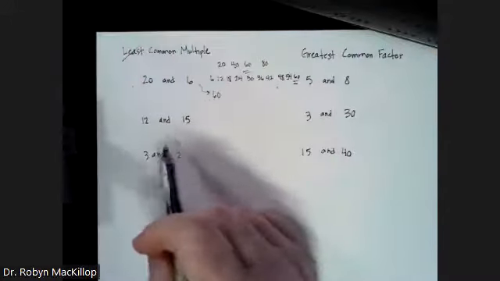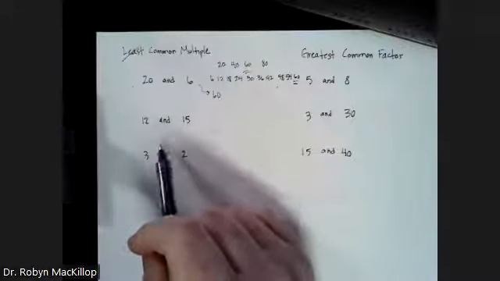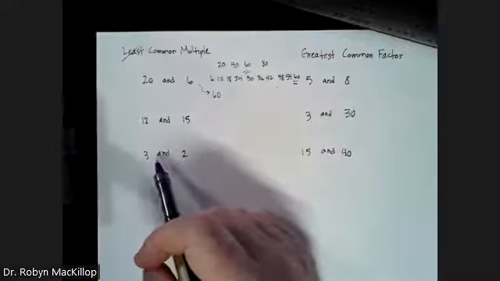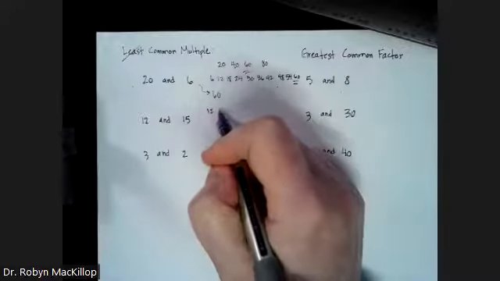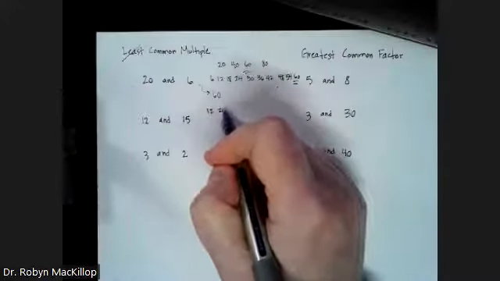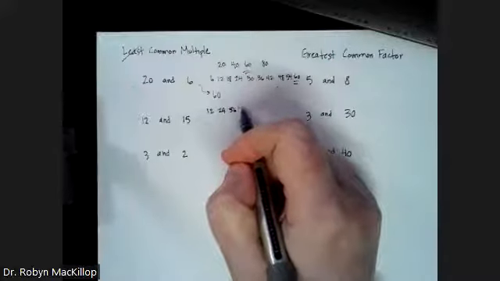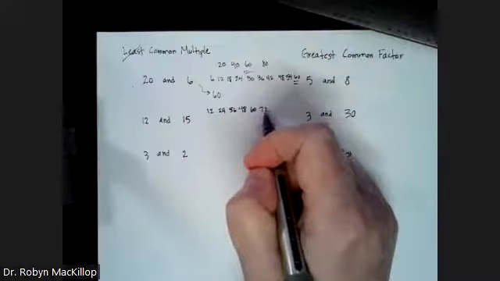All right, let's try 12 and 15. What number do both 12 and 15 go into evenly? And we can do the same thing again. We can say 12, 24, 36, 48, 60, 72.